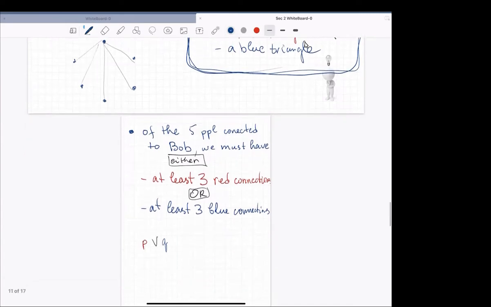When would this not be true? What does it mean to say that it's not the case that I have either at least 3 red connections or 3 blue connections?